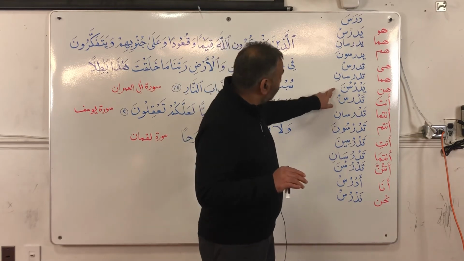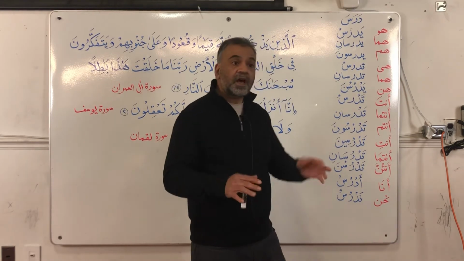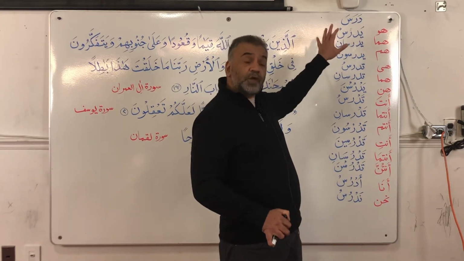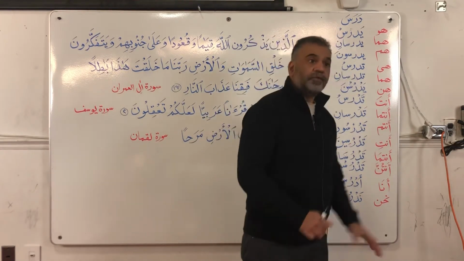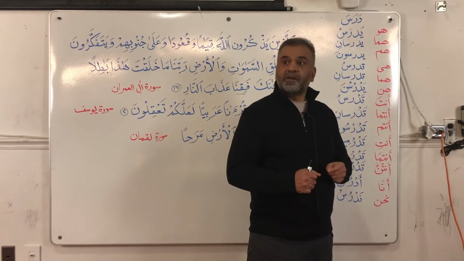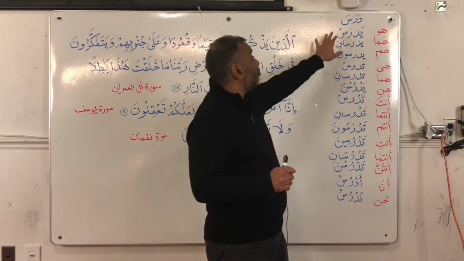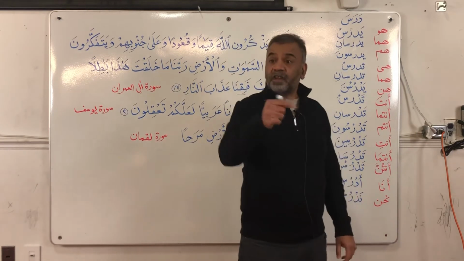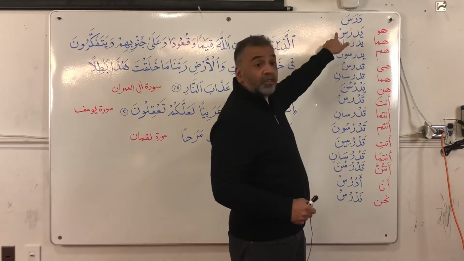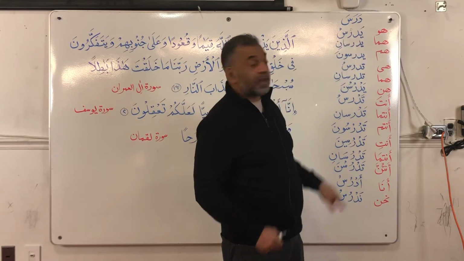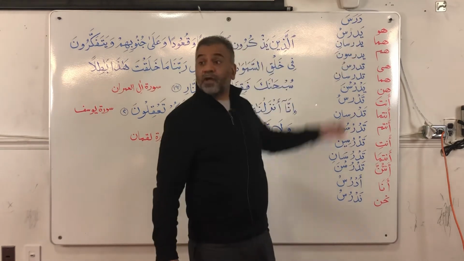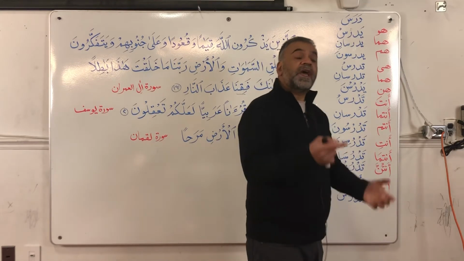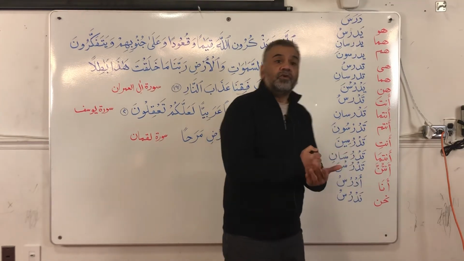And remember, yadrusna and tadrusna, they are mabni. And fi'l mudari, as we know, they are all marfu in the natural state. So when I say yadrusu, fi'lun mudari'un marfu'un, it is marfu bi damma, because damma is at the end. Yadrusani, fi'lun mudari'un marfu'un, it is marfu bi thubuti noon, by the evidence of noon.